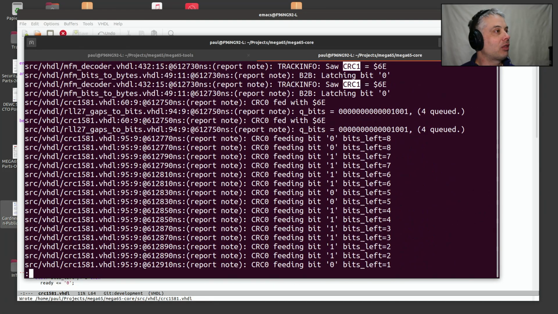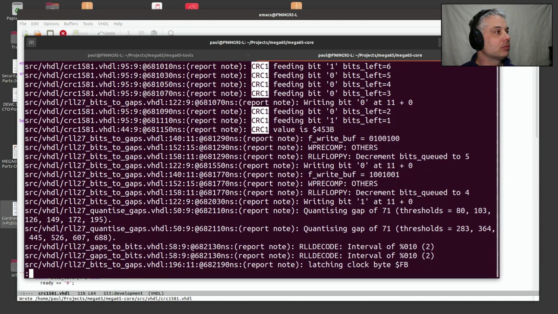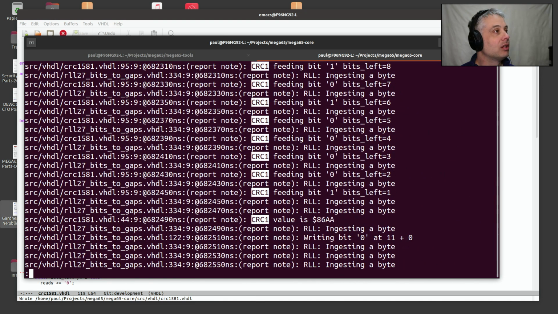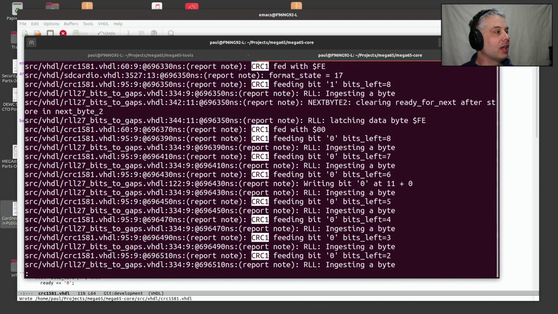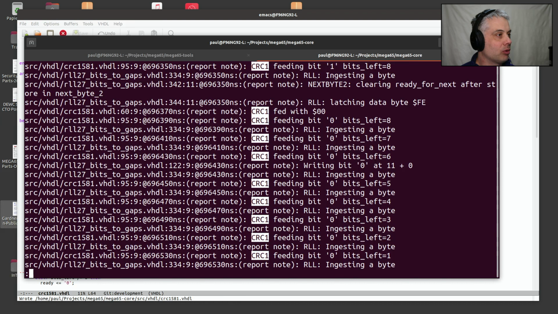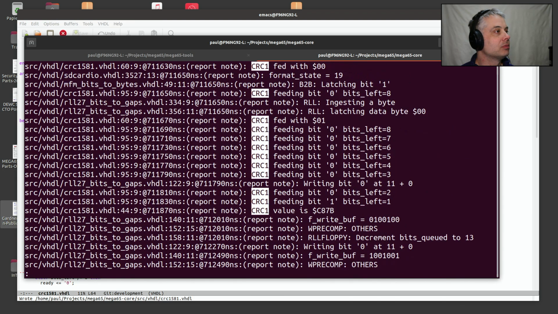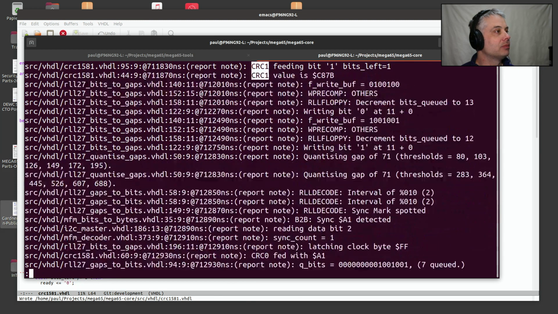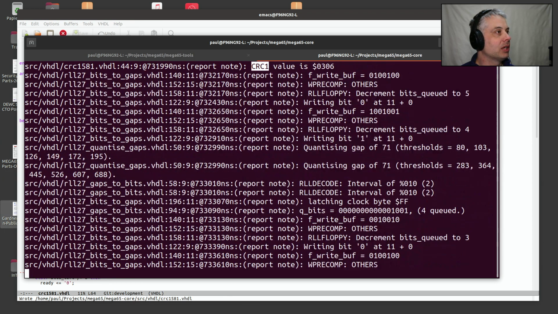Okay, so we're resetting the CRC again. We're feeding in an A1, that's good. We're feeding in another A1, that's good. We're feeding in an FE, that's good. We're feeding in a 0, yep. We're feeding in a 2, yep.